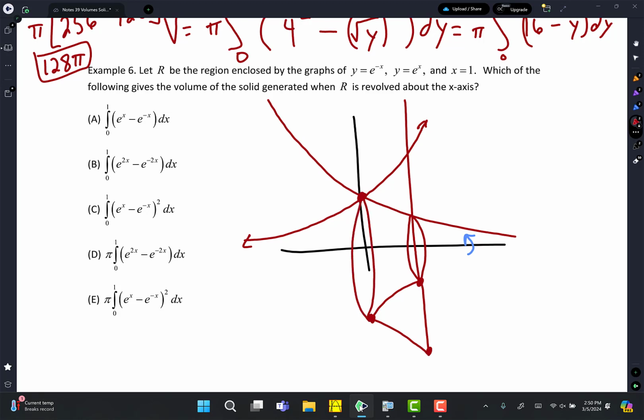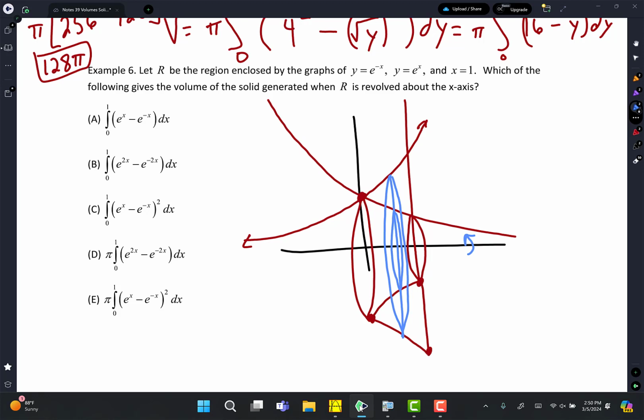You can put your hand through there. It's kind of like a lamp, the outside of it.